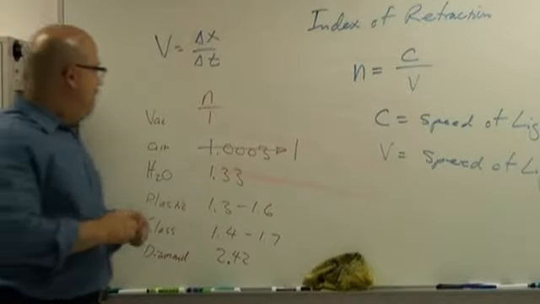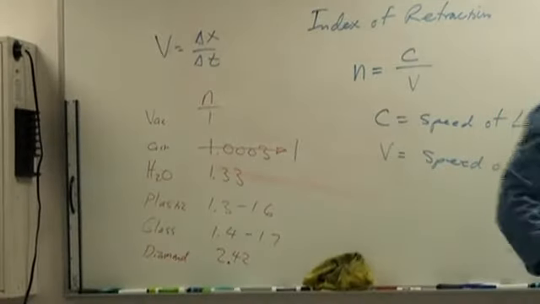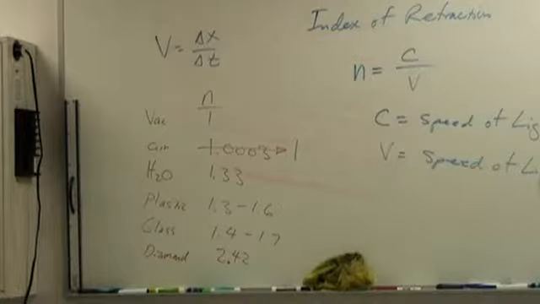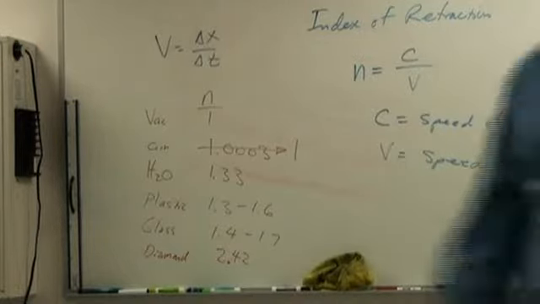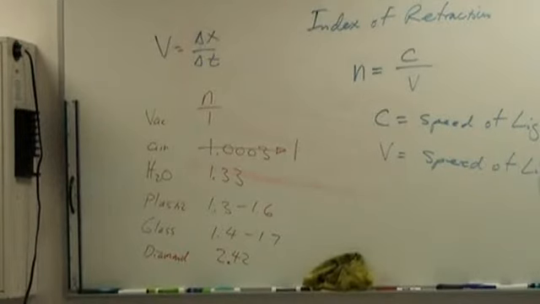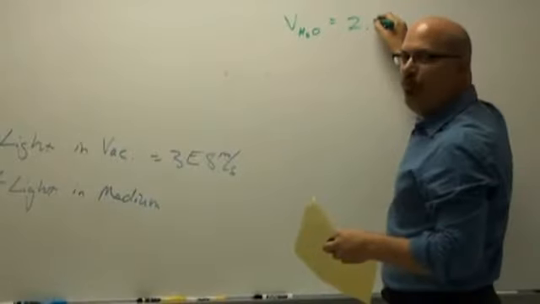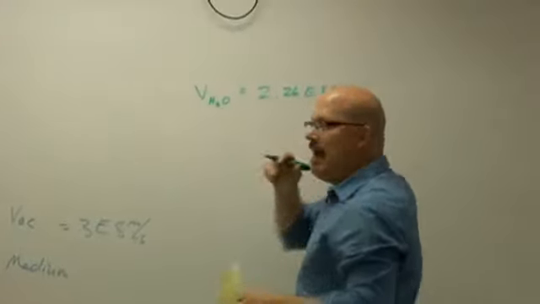All right? So will you please figure out what's the speed of light? Let's have this group over here figure out the speed of light in water. Let's have this group over here figure out the speed of light in a diamond. You ready? Okay, what'd you get for velocity in water? 2.26e8 meters per second.